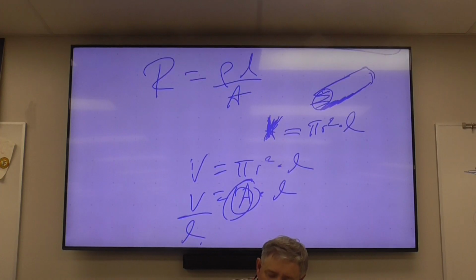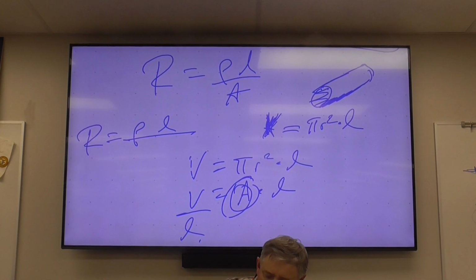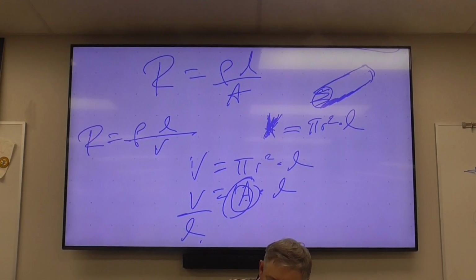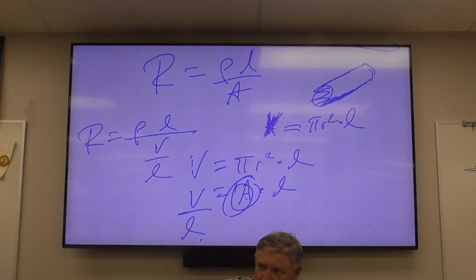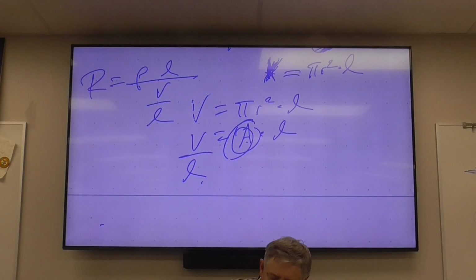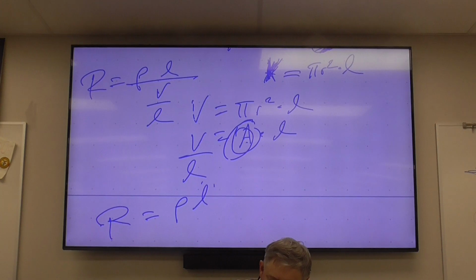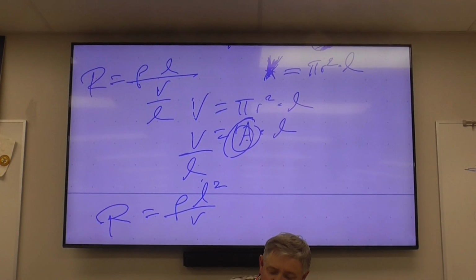So could I come in here and go resistance equals rho L, and then instead of area put volume over length? Is that legal? Yeah. So if I did that, I could also rewrite that as rho L squared over V.